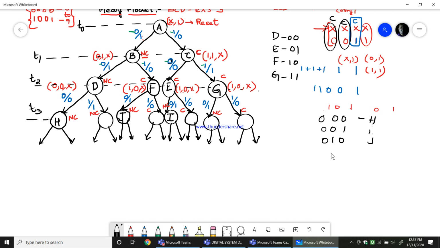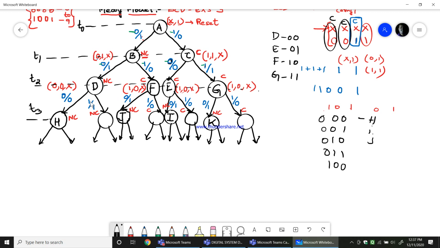Then K is 0 1 1. So again 0, and where else you have 0? You should see, yeah, 0. So 0, 1, 1. This would be K. L, where is L? L is 1, 0, 0.